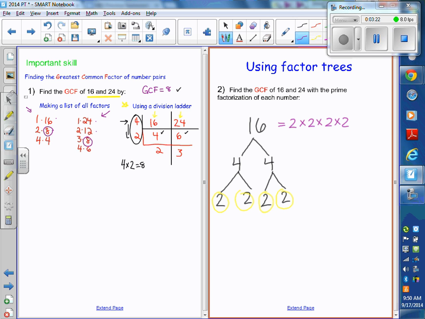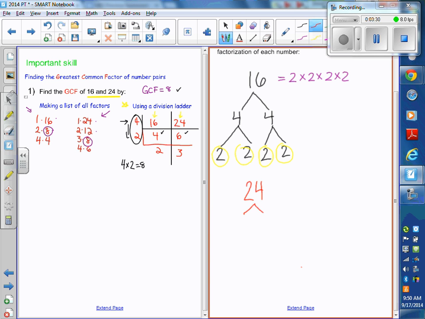Now I'm going to do the prime factorization of 24. So I pick any 2 numbers that multiply to give me 24, such as 8 and 3. Since 3 is prime, I circle it. Since 8 is not, I put another set of branches. 4 times 2 is 8.